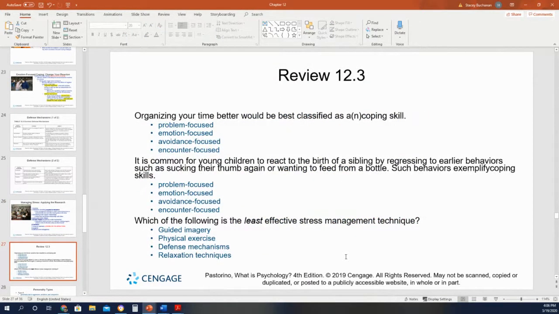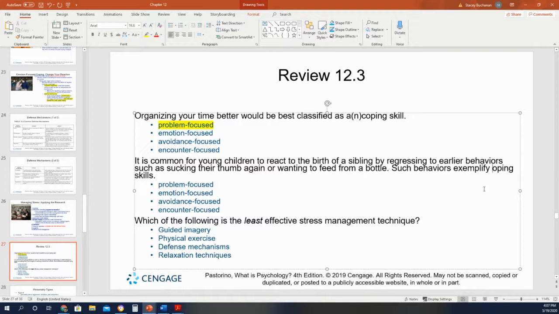Organizing your time better is best classified as what type of coping skill? That would be problem-focused coping. So you're taking an active step to do something. It is common for young children to react to the birth of a sibling by regressing to earlier behaviors such as sucking their thumb again or wanting to be fed from a baby bottle.